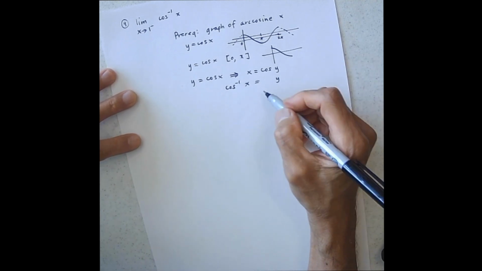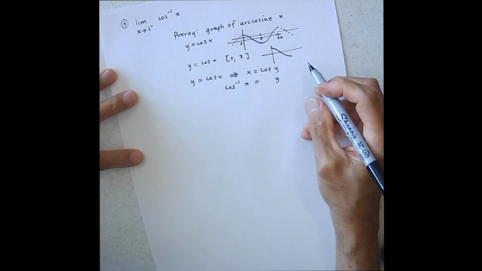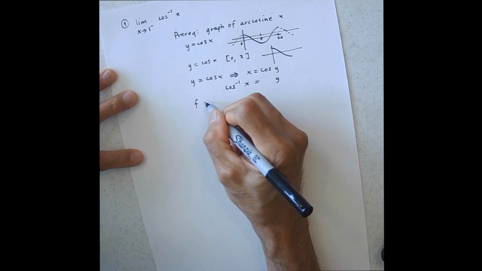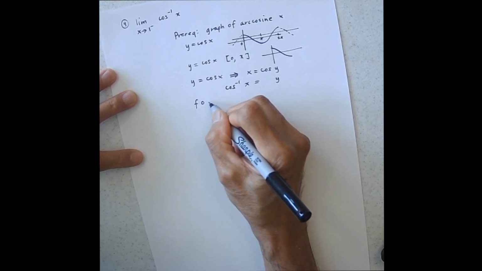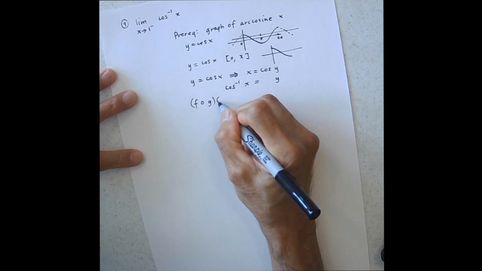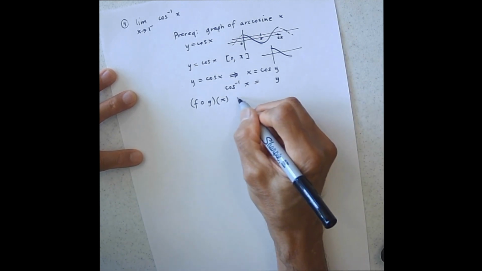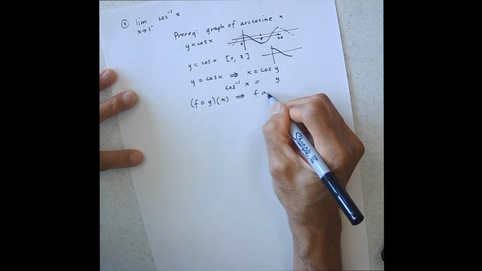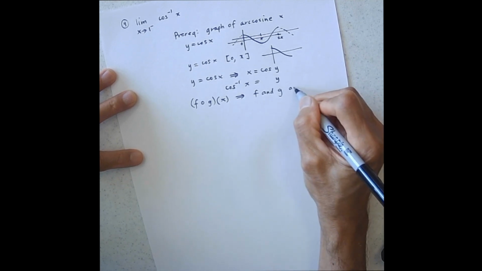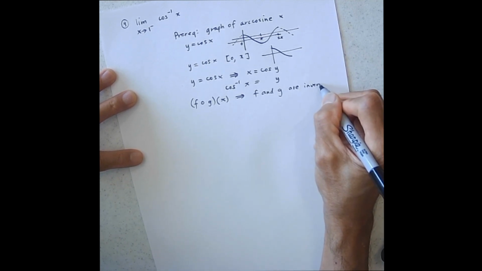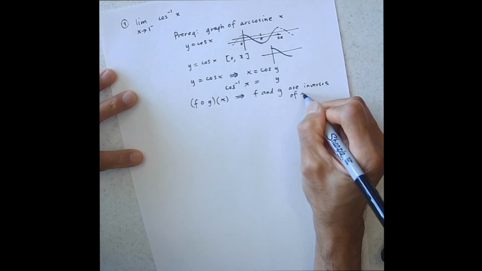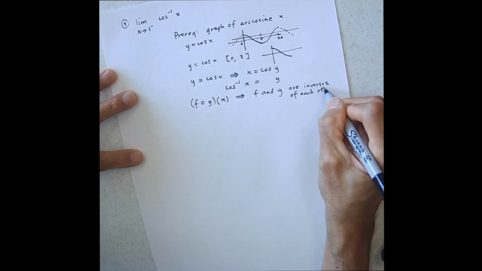Now, to graph the inverse, you recall that when two functions are inverses of each other, their composition is equal to x, right? This implies that f and g are inverses of each other. This is from algebra, okay?